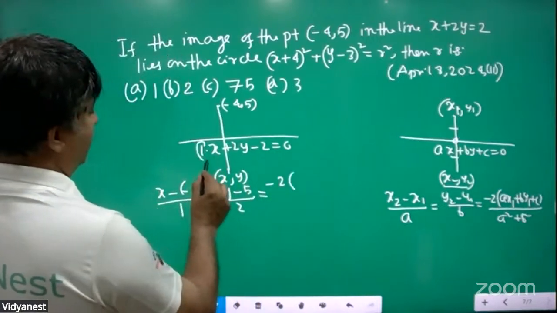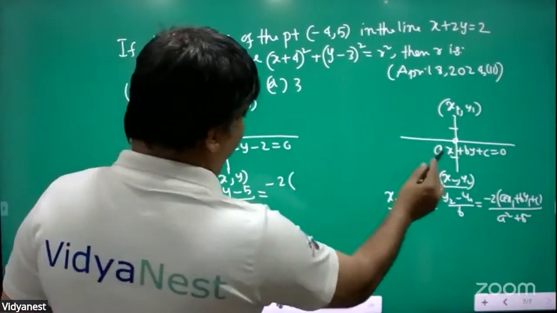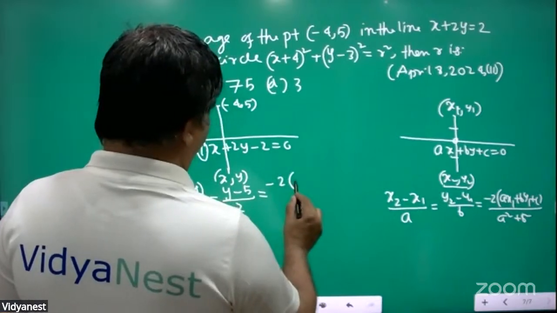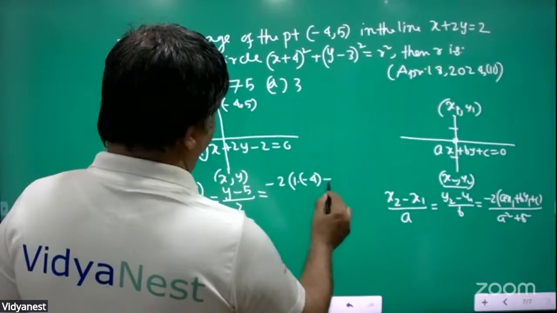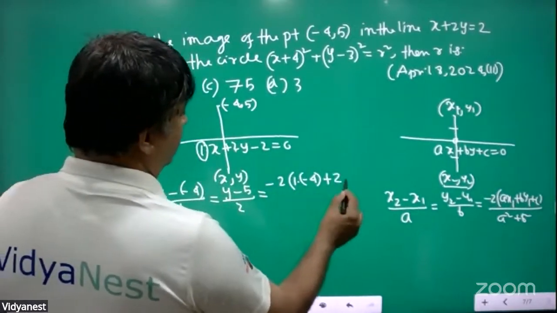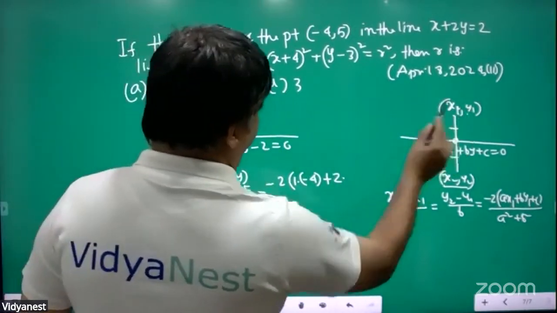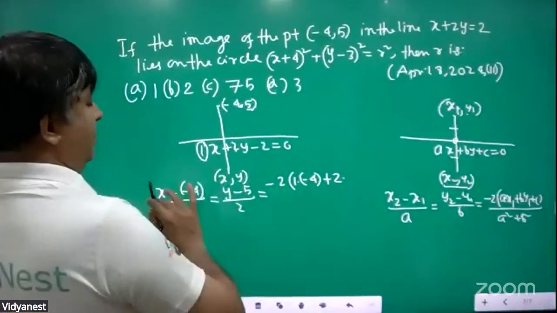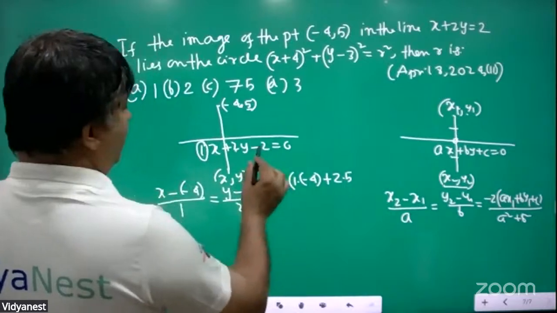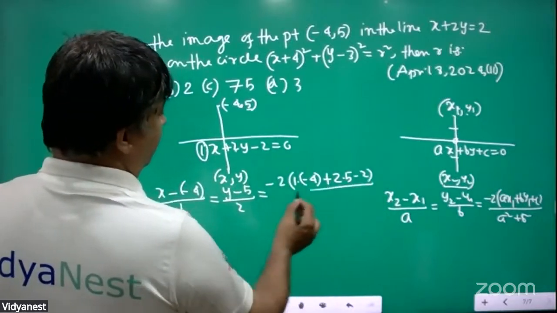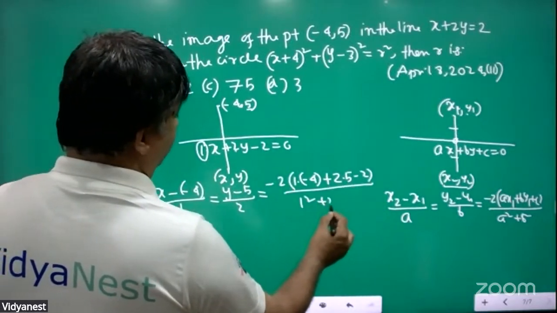A is what? 1. Compared to this, a x1 प्लस b क्या है 2, y1 क्या है 5, कंपेयर करो, कंपेरिजन इज मेन थिंग, 5 प्लस c क्या है -2, by a square plus b square.